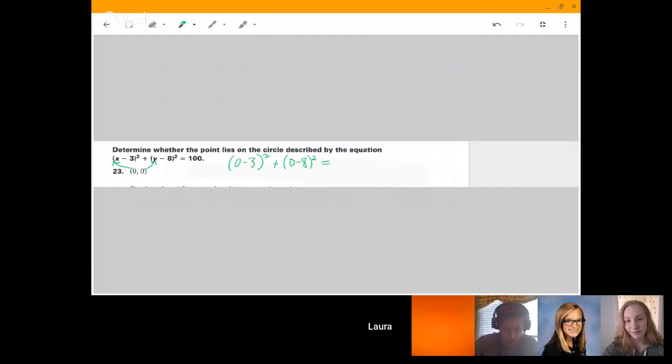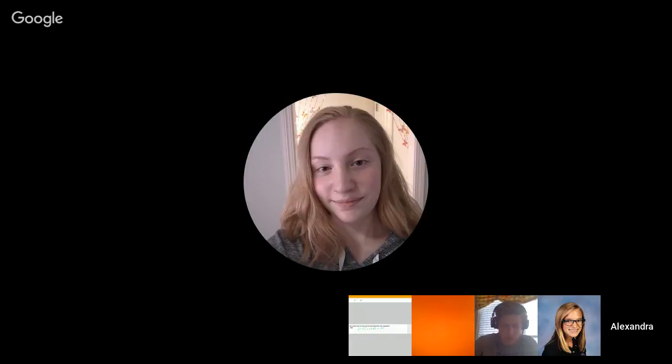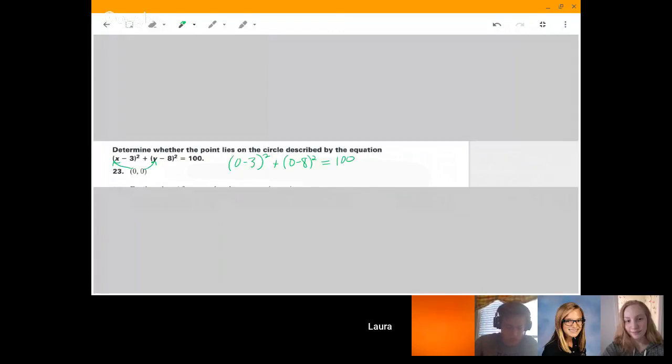And you're trying to see, does it equal 100? Does that work out? So it'd be negative 3 squared, this parentheses will give you 9. Negative 8 squared, that parentheses will give you 64. 64 and 9 is just 73, so it's not equal.